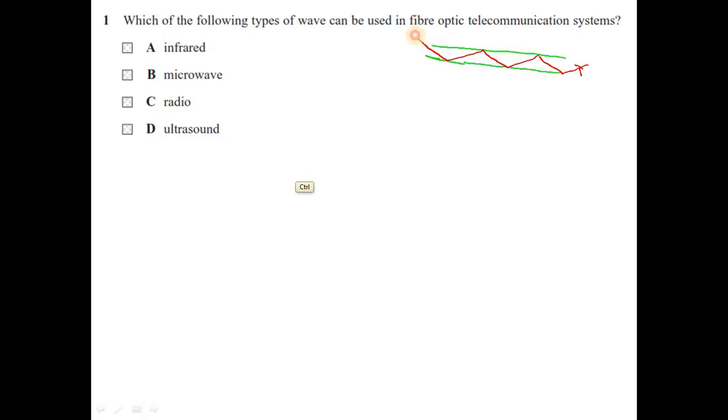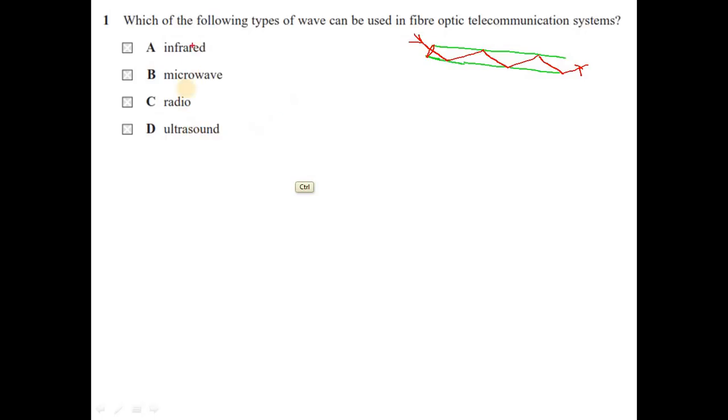And remember, the important word is it is a very thin wire. So the wavelength of the wave should be equal or maybe smaller than the diameter of the wire.